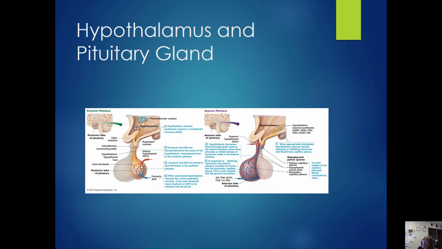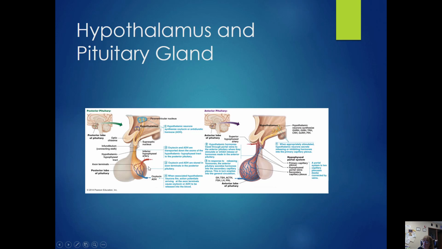Their neurons run down through the infundibulum and into the posterior pituitary, and they produce ADH, or arginine vasopressin, and oxytocin.